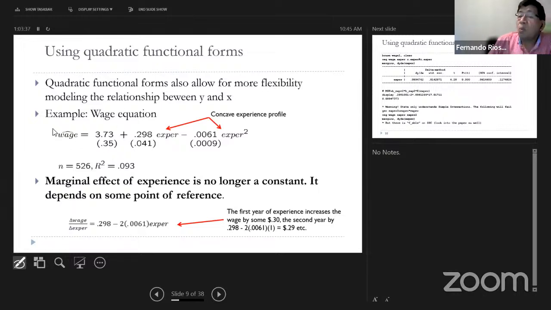What you should be aware of when you add quadratic terms is that the individual coefficients are now going to be difficult to interpret. Actually, you cannot interpret them individually unless you do something else with those coefficients. For example, let's estimate this model manually.